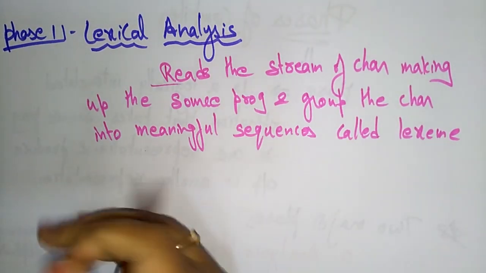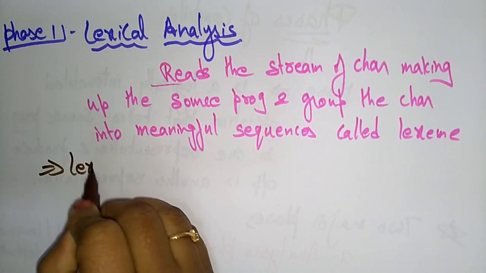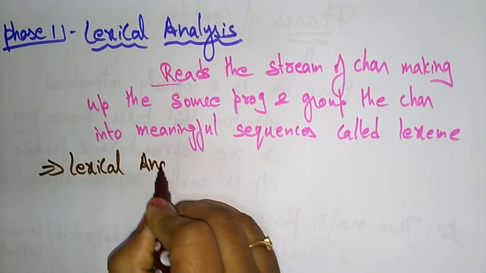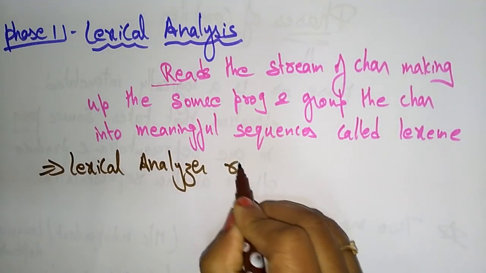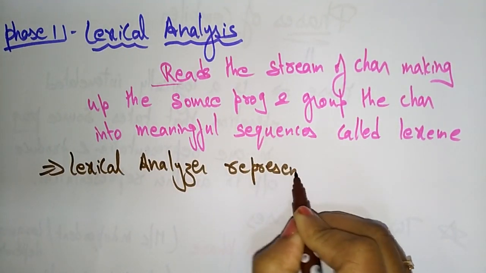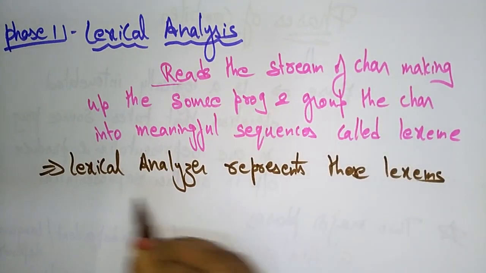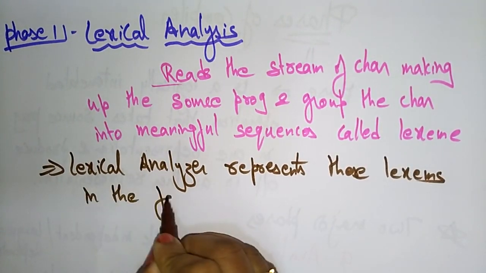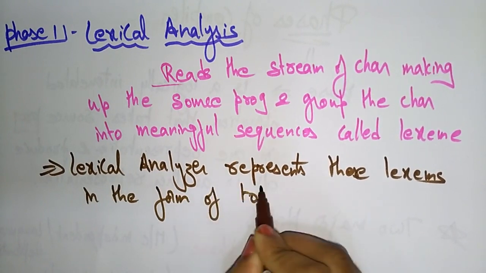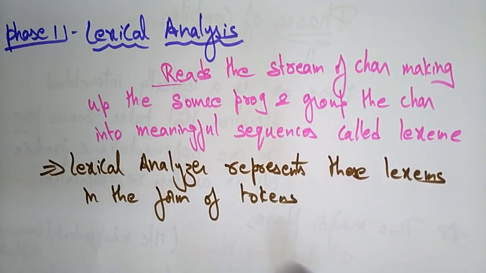So in the first phase it reads the sequence of characters, groups them, and those lexemes are called tokens.